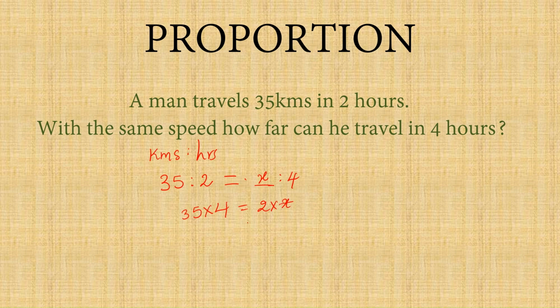Here if we transpose 2, it will become 35 into 4. Here it is into 2, so it will become divided by 2, equal to x. Now on simplifying this, we'll get x equal to 70. We can tell 70 kilometers in 4 hours.